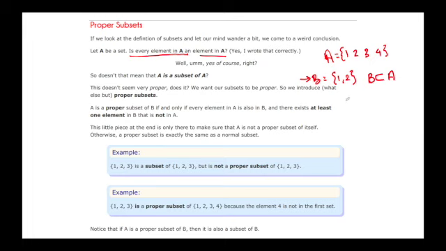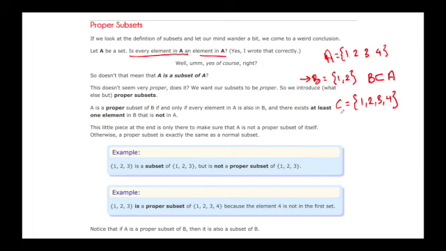Let me look at the set C. The set C is 1, 2, 3, 4. Are all of the elements in the set C the same as the set A? They're all the same, right?